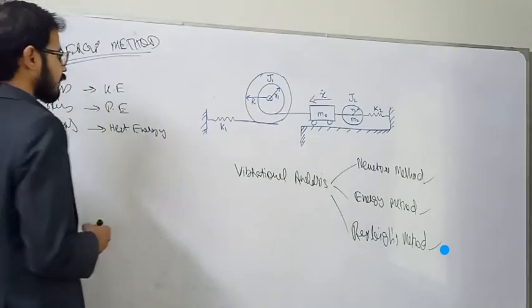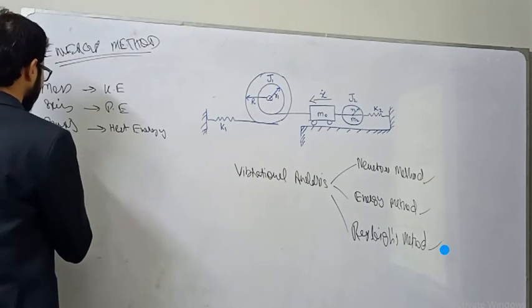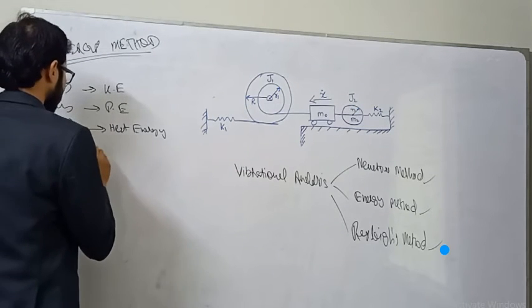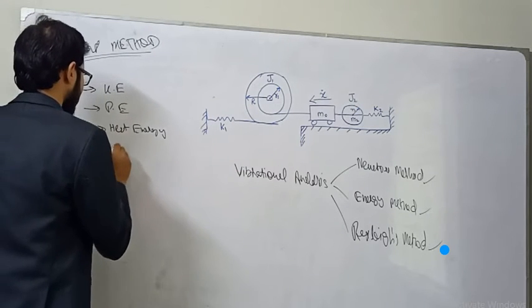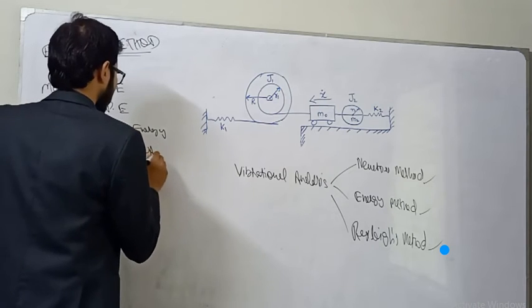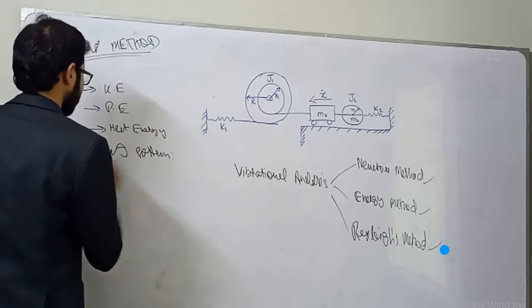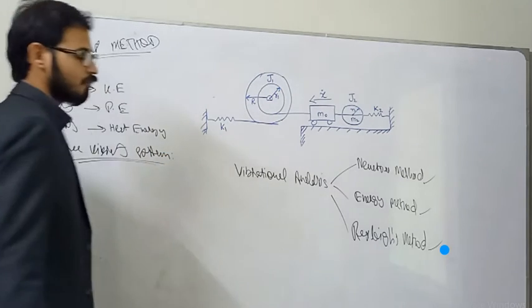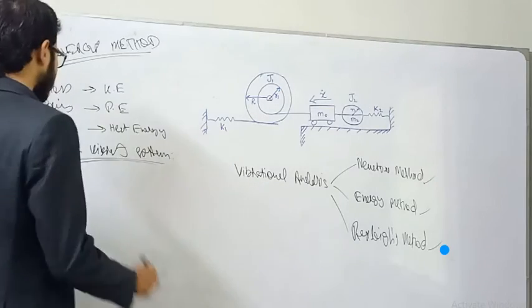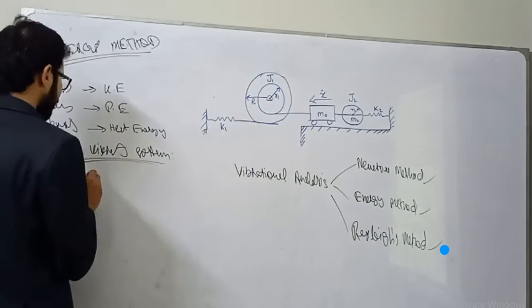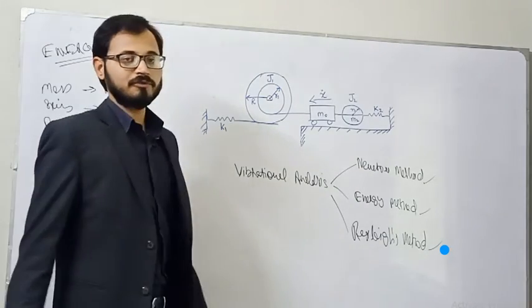If a body is a free vibrating system, if the body is vibrating freely, no external force is continuously acting upon the body. So what will happen? It will consist of three possible types of forces.